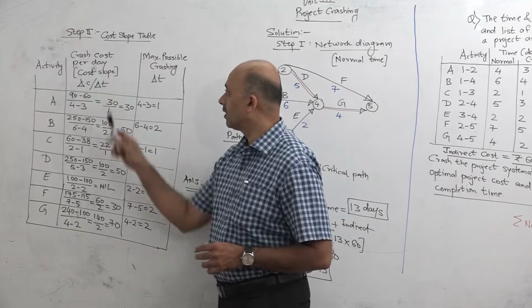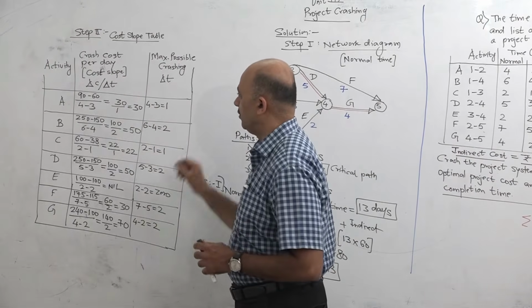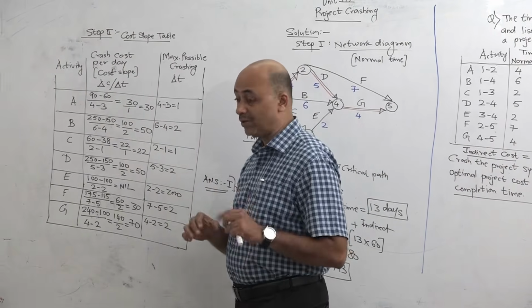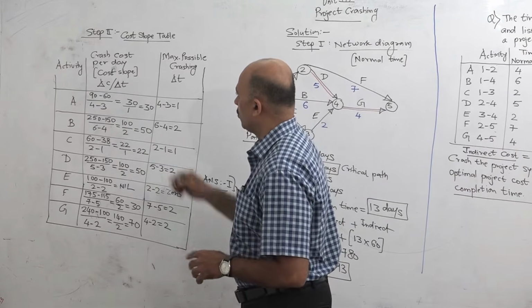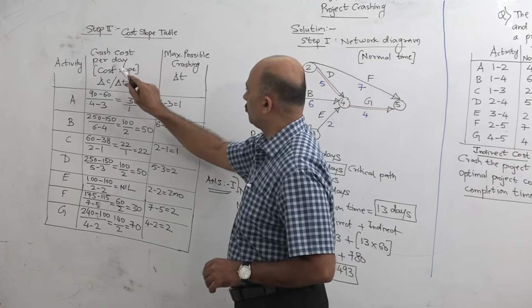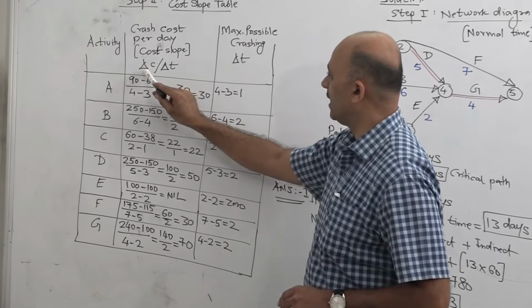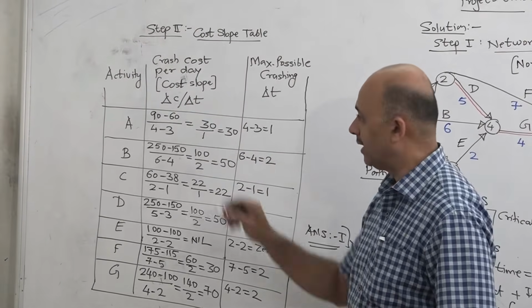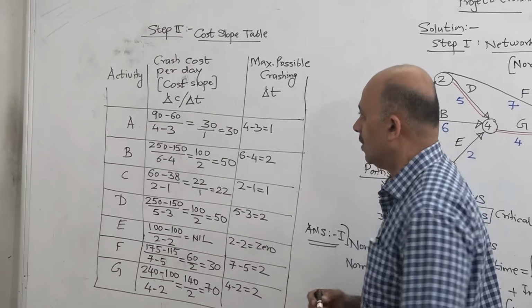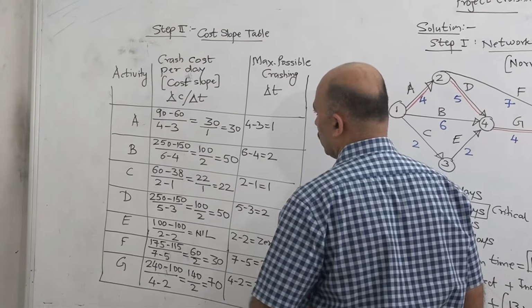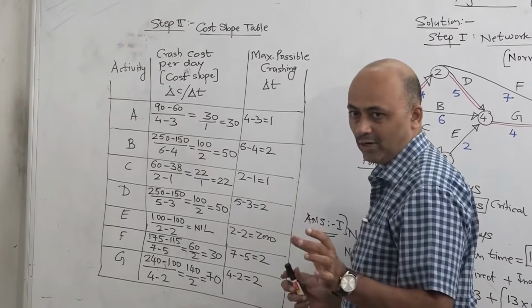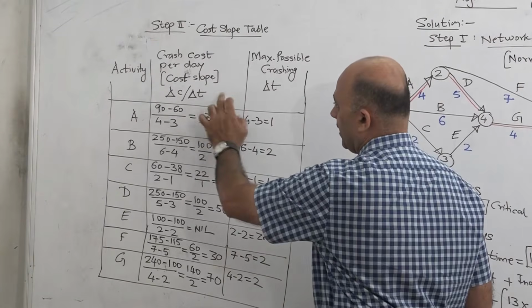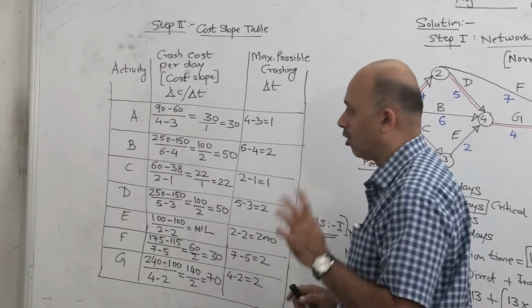Cost slope means crash cost per day. It means if you crash the activity by 1 day, how much cost will increase. How to calculate this? This crash cost per day or cost slope is equal to delta C divided by delta T. Delta C means difference in cost, and delta T means difference in time. So for example for A, you take the difference between crash cost and normal cost and divide it by difference between crash time and normal time.